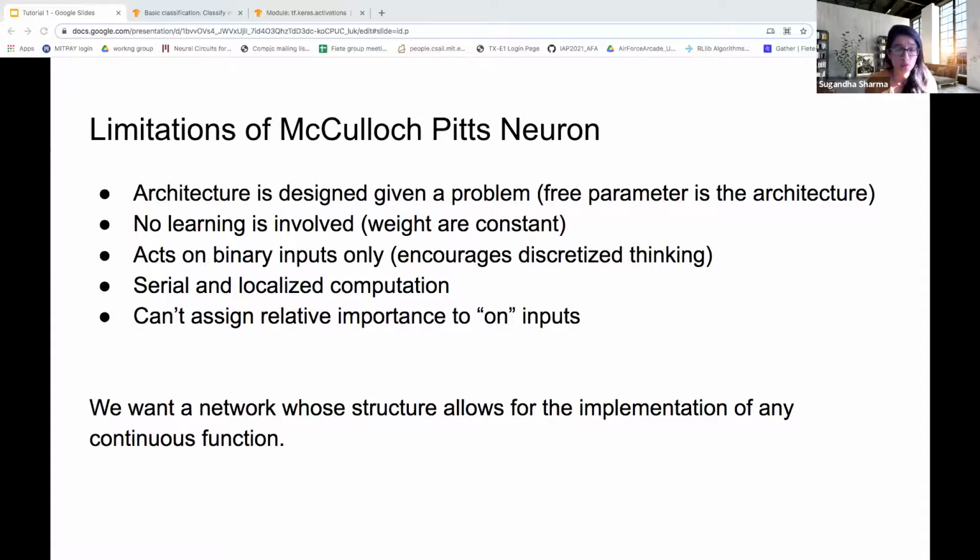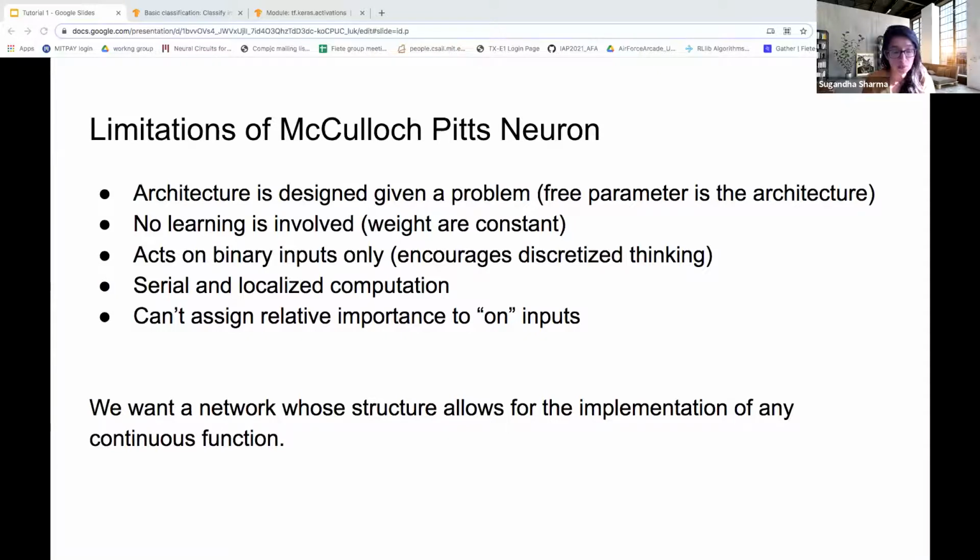And it only acts on binary inputs, so there are no continuous functions involved, and the inputs can only be either zeros or ones. If the inputs are on, meaning they're ones, then you can't assign any relative importance to these inputs. What we actually want is a network whose structure allows for the implementation of continuous functions rather than just receiving discrete inputs. And that's where perceptron came in.